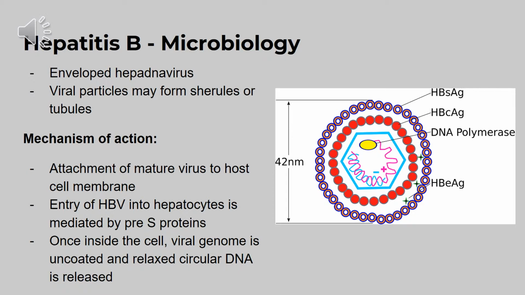As far as the mechanism of action for this virus, attachment of the mature virus to the host cell membrane occurs first so that the virus can enter the cell. Entry of this virus into hepatocytes is mediated by proteins called pre-S proteins, and once this virus has entered the cell, its viral genome is uncoated, and what's called relaxed circular DNA is released into the cell.